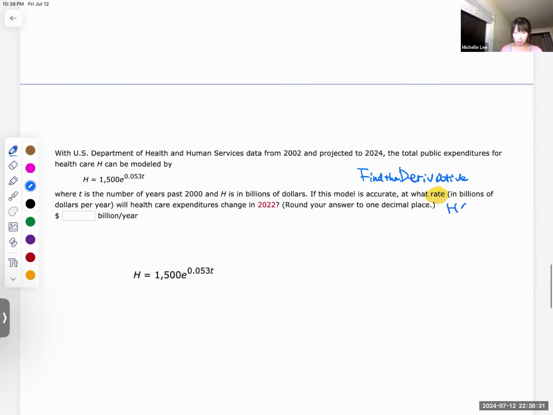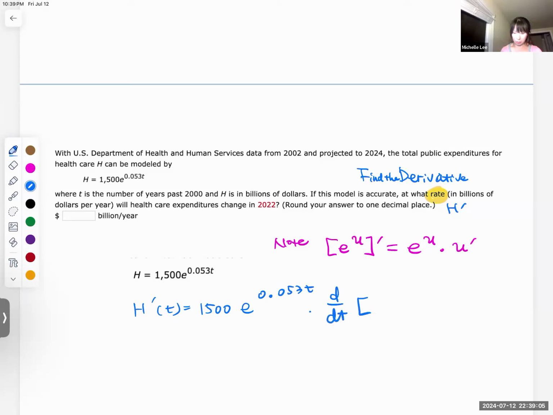So h prime over t in that case, keep the coefficient 1500. Now we have e to the u, so the derivative is e to the u times u prime by the chain rule, right? Now we keep the same thing, and we want to make the chain rule 0.053t.